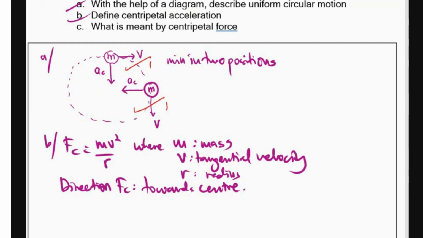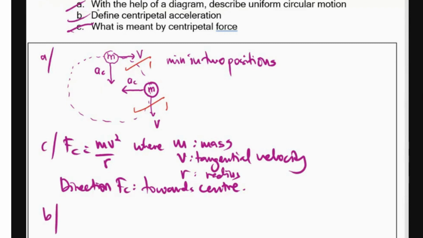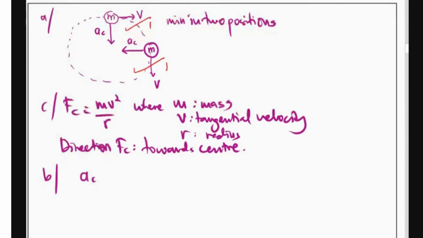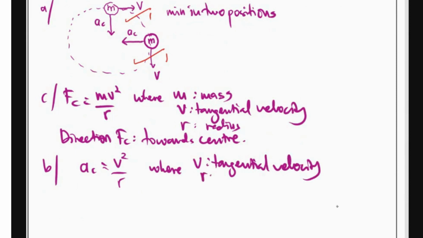Okay, next question: B is centripetal acceleration and C is centripetal force, so this is the answer for C. Let's change question. For the definition of centripetal acceleration, again you can use the formula AC equals V squared divided by R. But to get the mark, you have to define each symbol used: V is the tangential velocity and R is the radius.